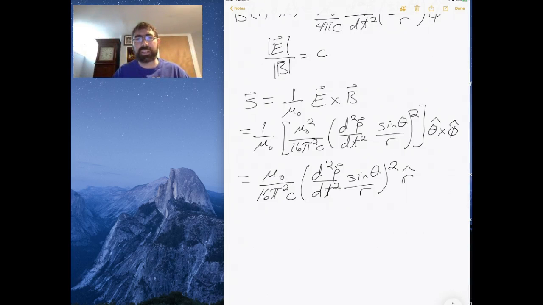So the radiation is going to be radiating out along the radial direction, which is a lot of the use of the word radius.